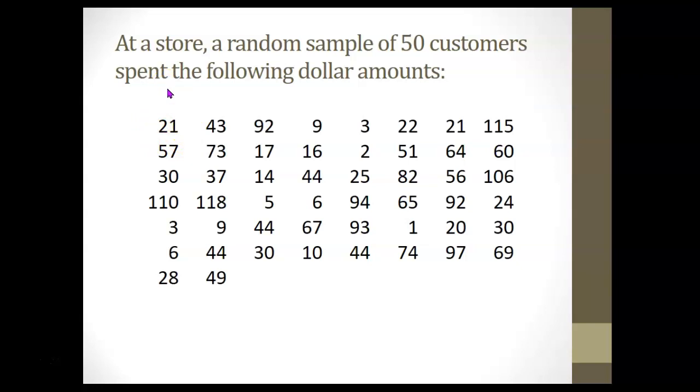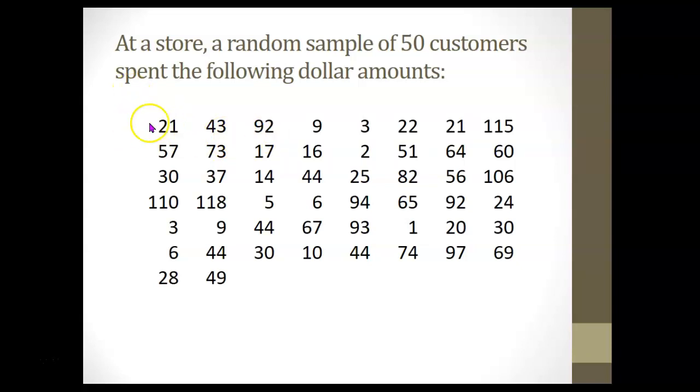So for 50 different customers, you find out how much money they spend. These are their totals rounded to the nearest whole dollar. And we want to organize this set of data values into a frequency distribution. But we're not going to want to do it the same way we did the last one, where we say, okay, this many of the data values were 21s, and there were this many 43s, and this many 92s.